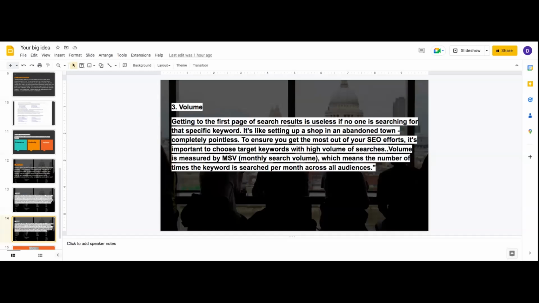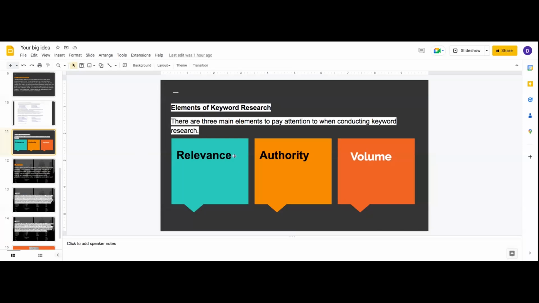There's also keyword difficulty, which is part of the elements, but we'll not be talking about it until we start using the tools. For now, we're talking about relevance, authority, and volume. So these are elements of keyword research.